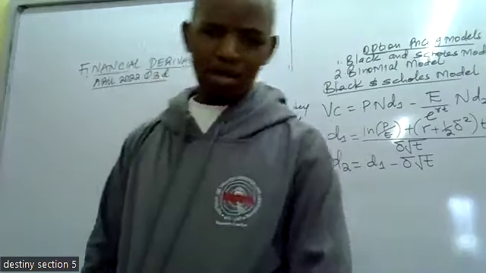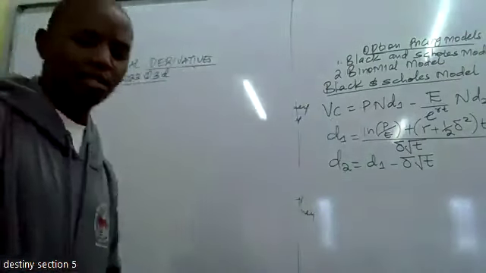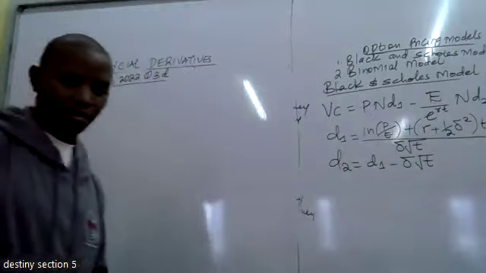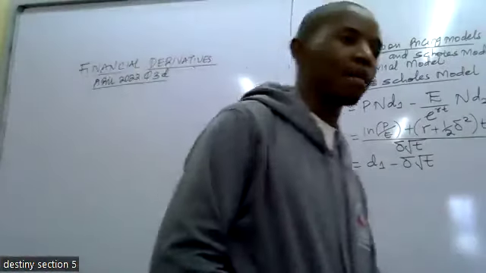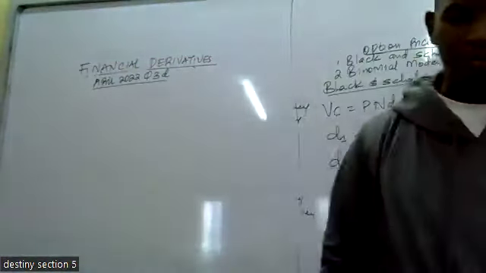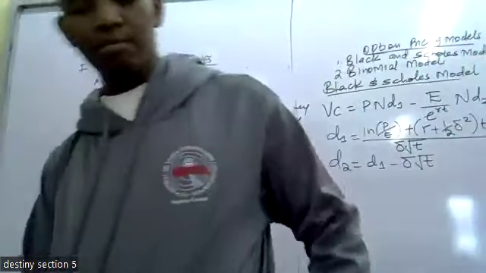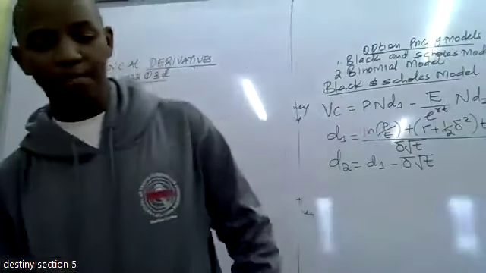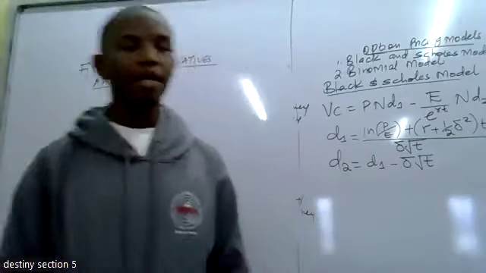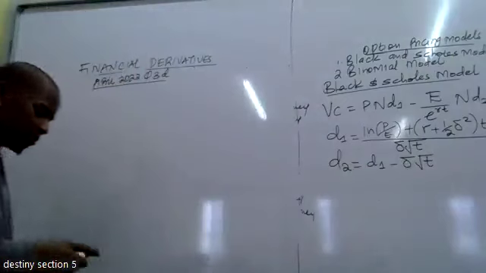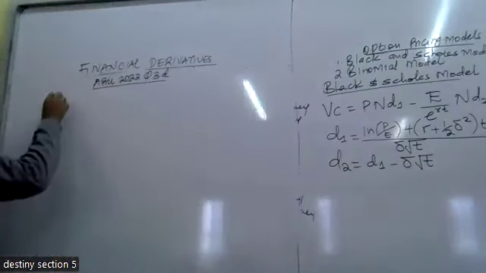The risk-free rate of return is 6%, and the variance of the rate of return of the shares is 15%. You are required, using the Black and Scholes option pricing model, to estimate the value of a call option.